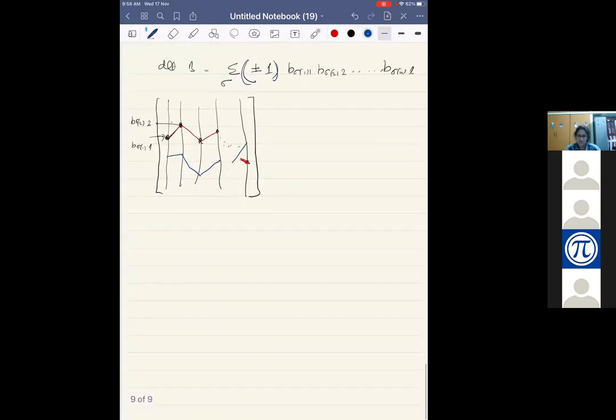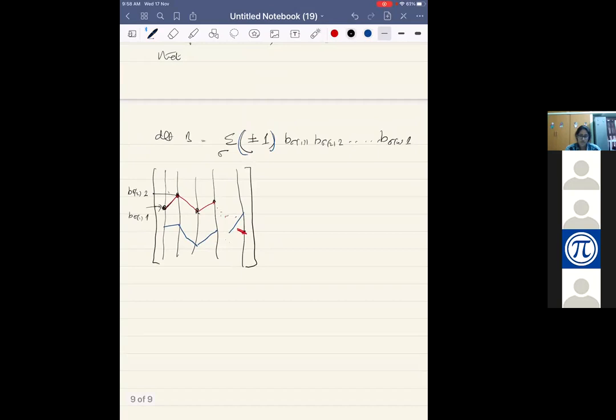Once you have that, take B equal to tI minus A. Then what will happen is that the determinant of tI minus A will be the sum over sigma of plus or minus 1 times (tI minus A) sigma 1, 1 up to (tI minus A) sigma n, 1.